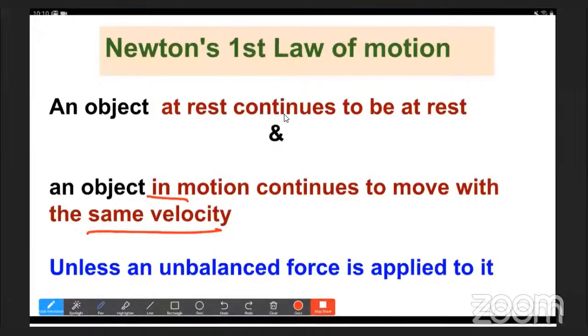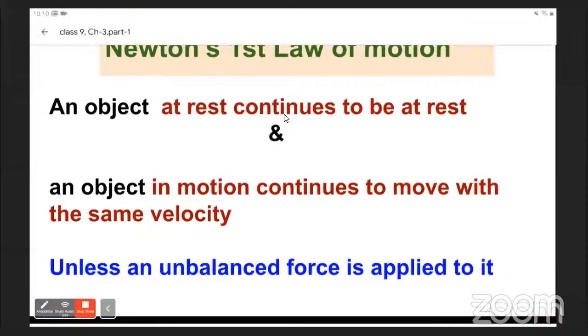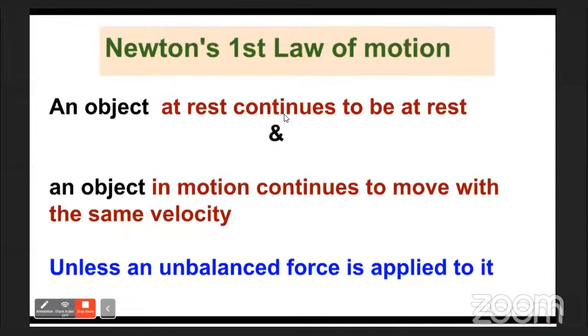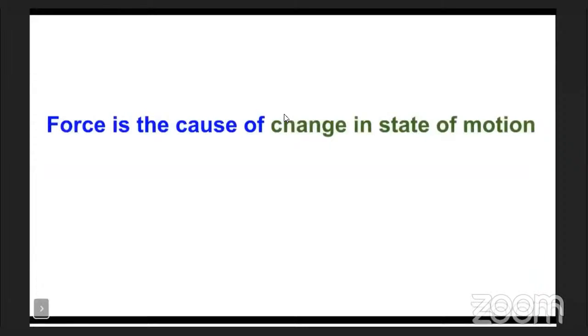So that's why we can say that an object at rest continues to be at rest, and an object in motion continues to move with the same velocity unless an unbalanced force is applied to it. So we can say that force is the cause of change in state of motion. Right?